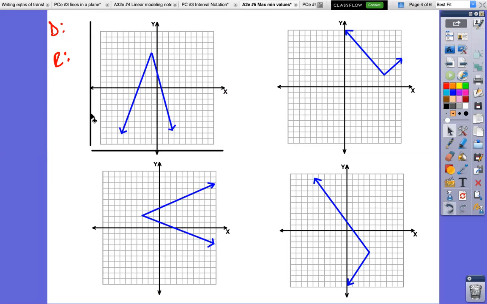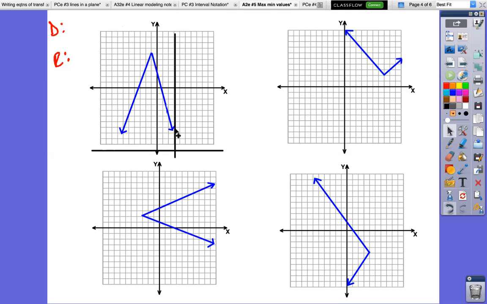So my domain on this fourth problem, as soon as I hit the graph, I notice that it hits at an arrow. I'm only looking left to right. So it is continuous all the way through, and it ends with an arrow.